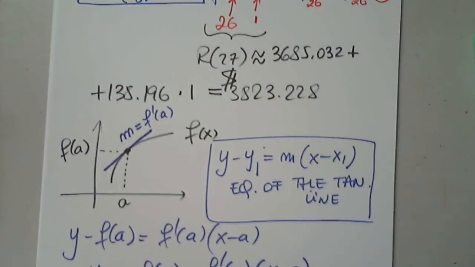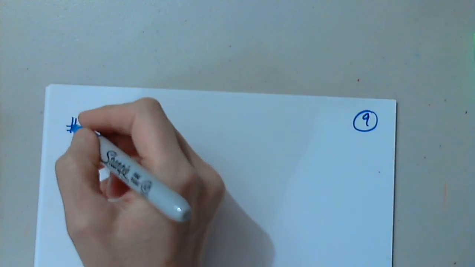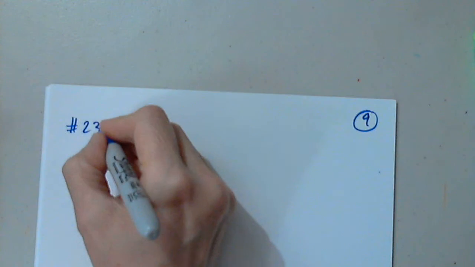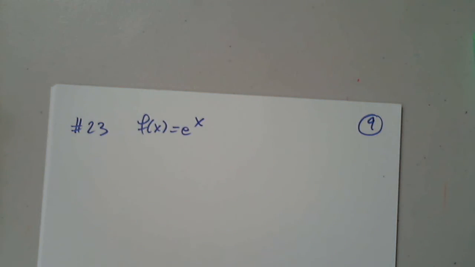Which one? You said 20? 23, very good. So 23 is e to the x, perfect. And on page 9. 23. So we have f of x equals e to the x, and they are giving us 2.